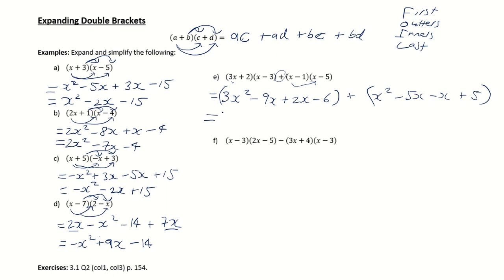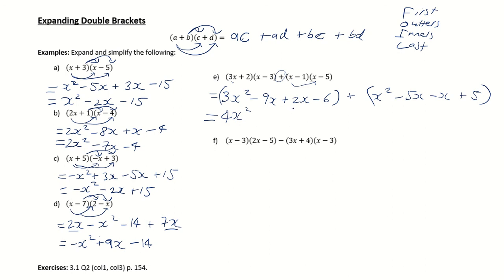Now, we can then simplify. So we've got 3x squared plus 1x squared. So that'll give us 4x squared. We've got minus 9x plus 2x. That gives us negative 7x.